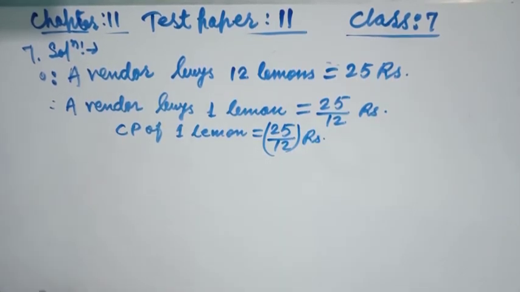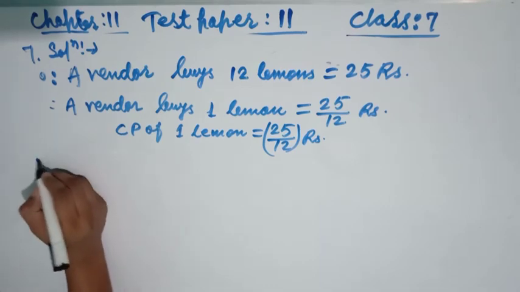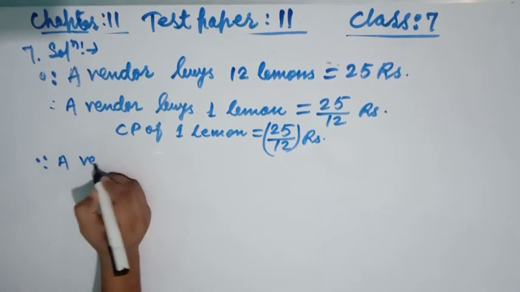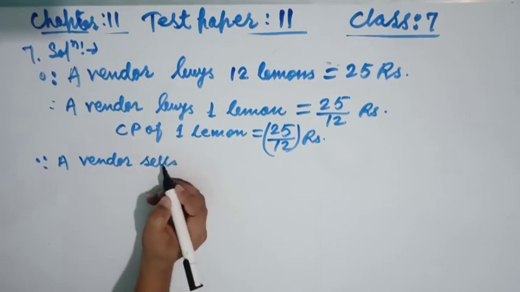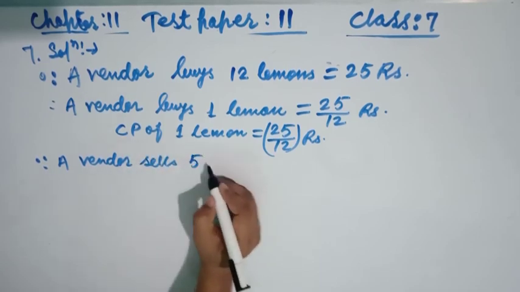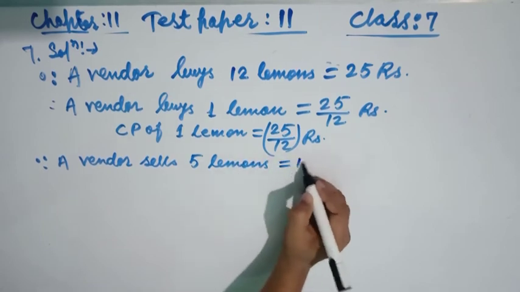Now for the second case, friends, a vendor sells 5 lemons for 12 rupees.